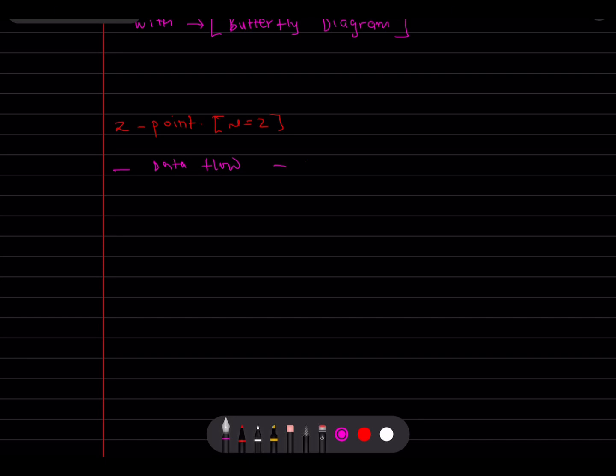It also helps us to visualize how the input sequence is divided, and also processed and combined at each stage of the fast Fourier transform computation.